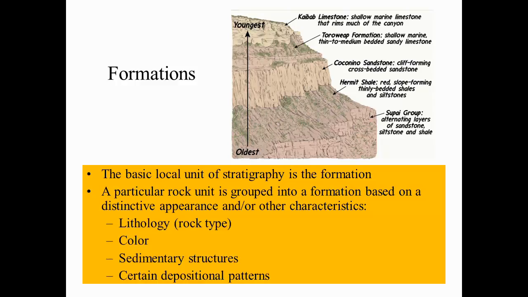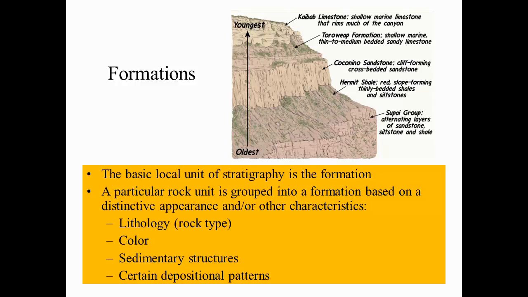For example, we can use lithology, rock type, such as grouping sandstones into one formation, shales into another formation. Or we can use other features like color, certain sedimentary structures, and even consider particular depositional patterns in identifying a particular formation.